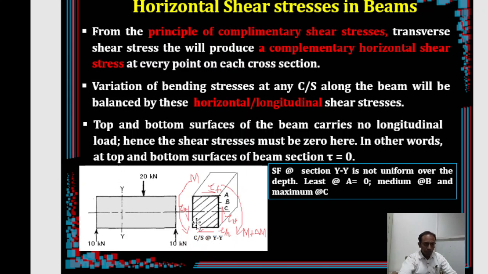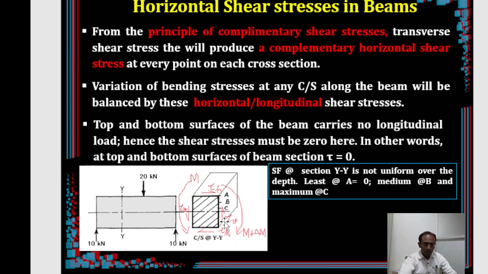Now if you take that particular cross section and try to represent the forces acting on that element, one will be the bending moment, say M on this side, and on the other side it will be M plus delta M. Now what was the shear force? This is the shear force, tau b.